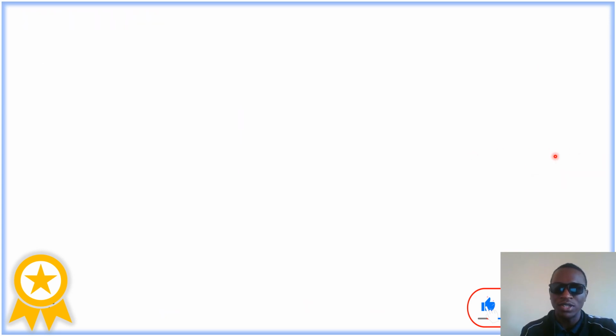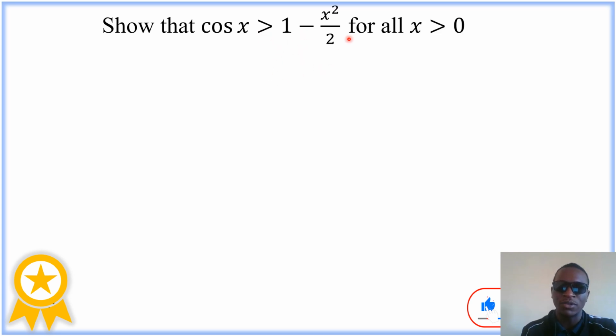The question says that we should show that cosine of x is strictly greater than 1 minus x squared divided by 2 for all values of x. The very first thing we are going to do is to move this term to the left hand side. When this term moves, all of this will change sign. So everything will now be cos x minus (1 minus x squared divided by 2) greater than 0.